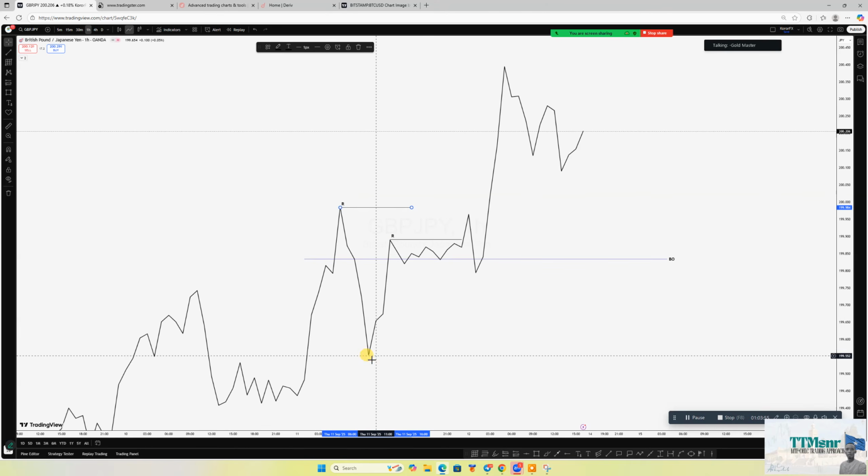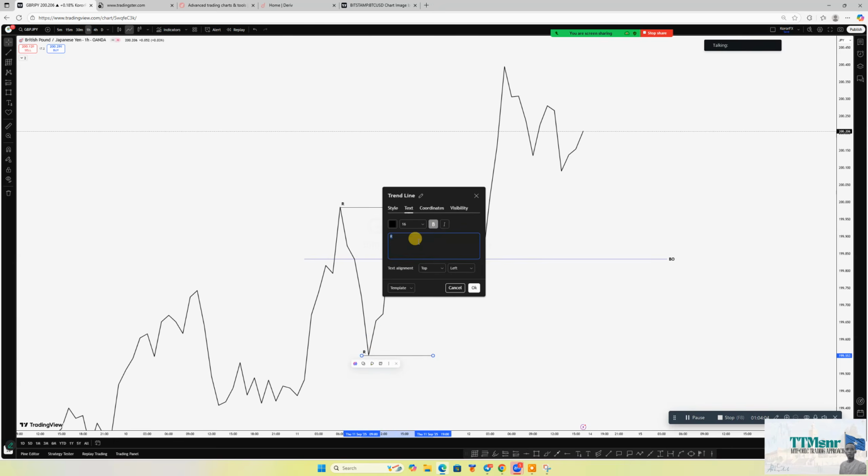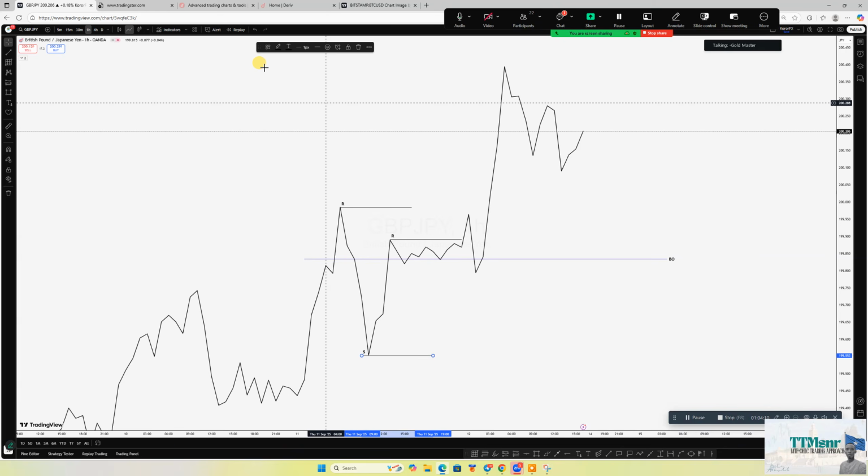So which level is behind this breakout? This support level. So this is the level that's breaking.